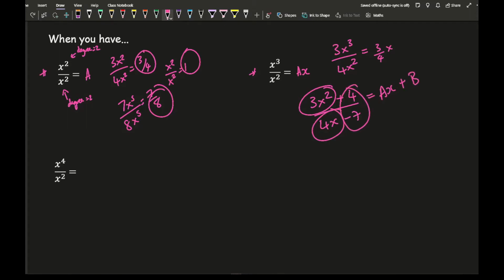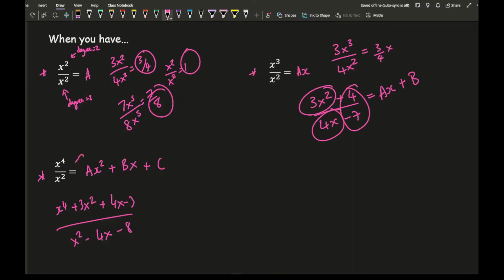And likewise, if we've got x to the power 4 over x squared, then that's going to give me something times x squared. Then obviously if I've got other things being added, so for example if I had x to the power 4 plus 3x squared plus 4x minus 3, and I divide by x squared minus 4x minus 8, then what I could end up with is something involving x squared, then something involving x, then a constant, and that's where it could lead to.